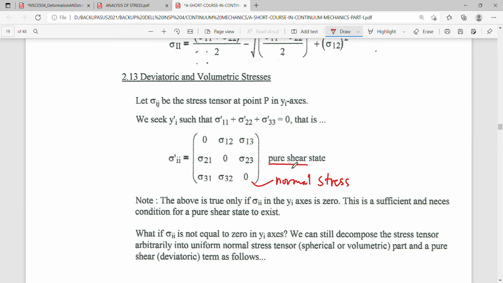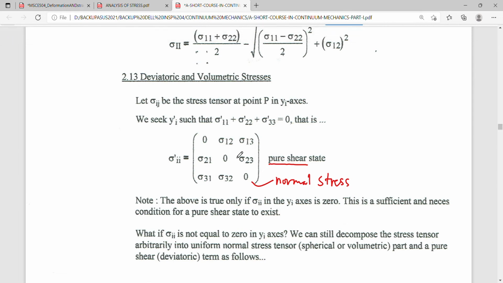So this is in contrast with the pure normal stress condition, wherein your shear stresses are zero. So when you are designing a continuum in terms of a shear failure condition, you may seek this coordinate axis y prime i such that your pure shear state will be the basis of your analysis.